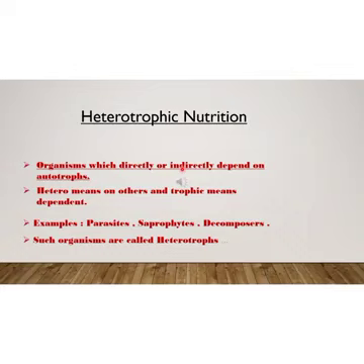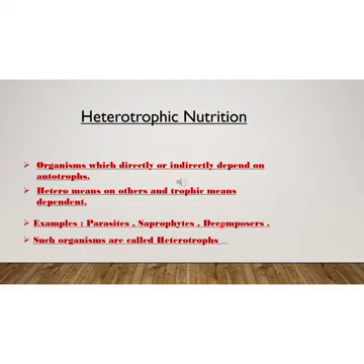Hetero means other and trophic means dependent. Whatever organisms come in the heterotrophic nutrition category are called heterotrophs, means they depend on others. Examples are parasites, saprophytes, decomposers and many more. We will learn about all these in this chapter.